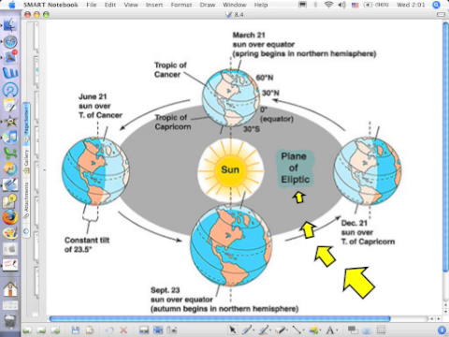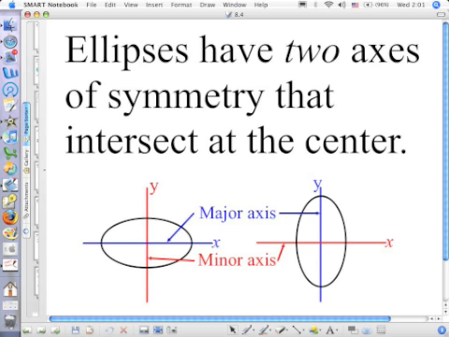Revolving, sorry. The Earth is revolving around the sun, okay? That's one example of how ellipses are used. Now, we could go into many examples, but we have 50 minutes of jam-packed algebra fun right now.